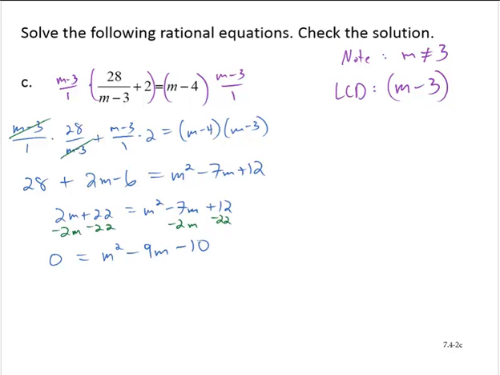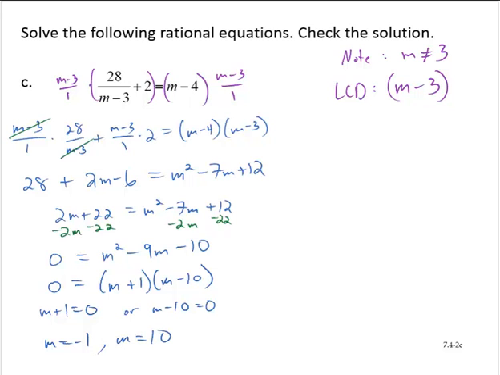Now m squared minus 9m minus 10 factors as m plus 1 by m minus 10. So I'll set each of those factors to 0. And subtracting 1 on the first equation gives me m equals negative 1. Adding 10 on the second equation gives me m equals 10.